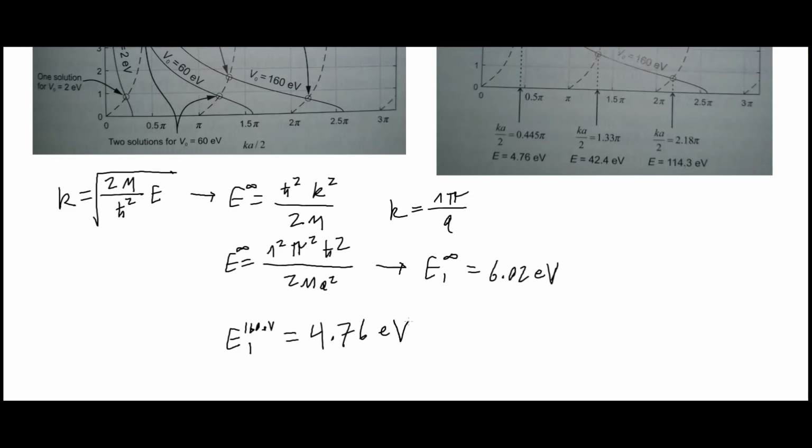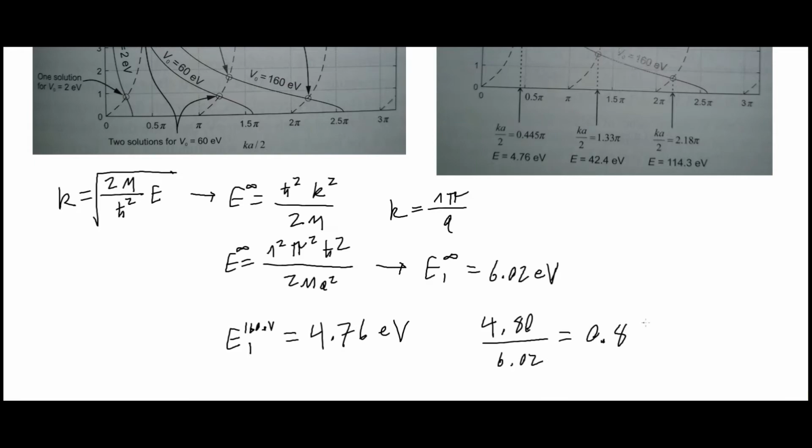So 4.76 electron volts, compared to 6 electron volts from what we have here. And so we see that this is lower than what we have for the infinite potential well. I think in the book it rounds this up to 4.8 and then 6.02, and that ended up being something like 0.8.